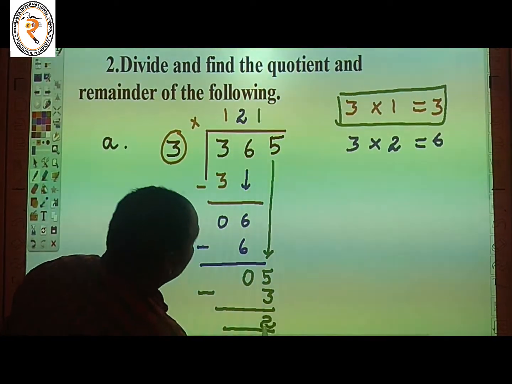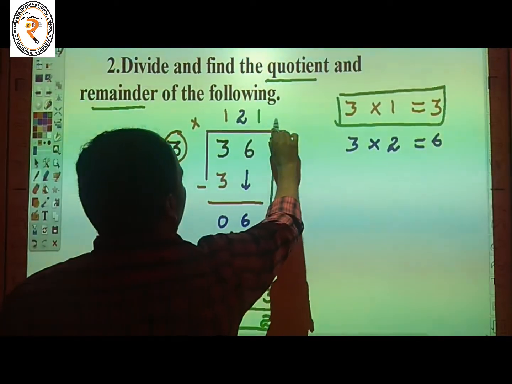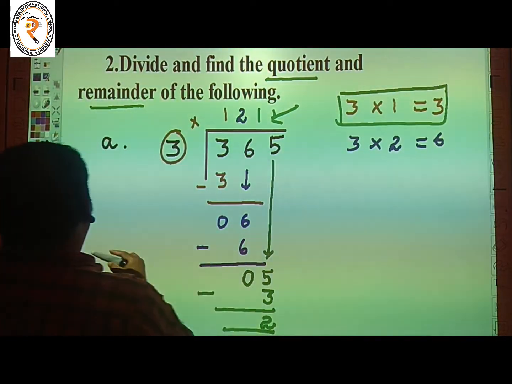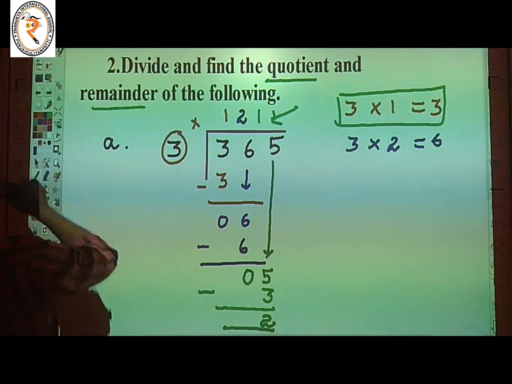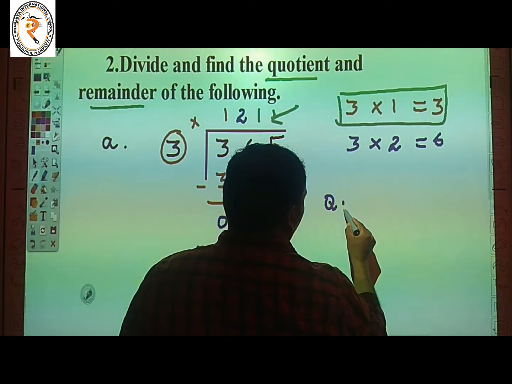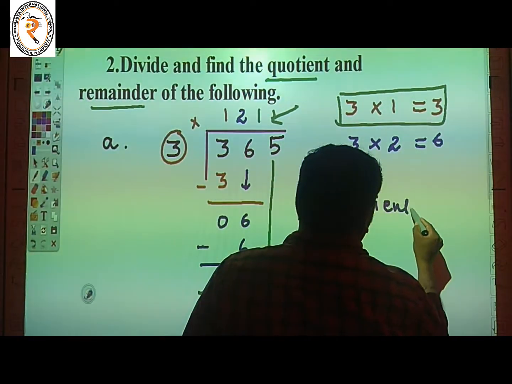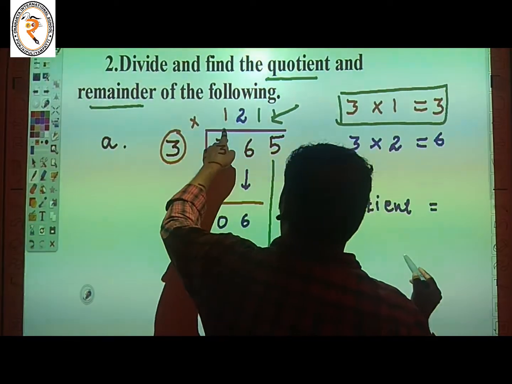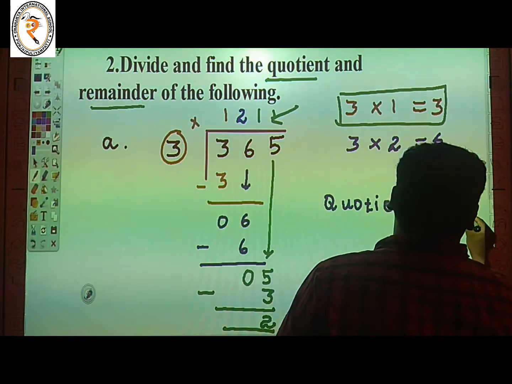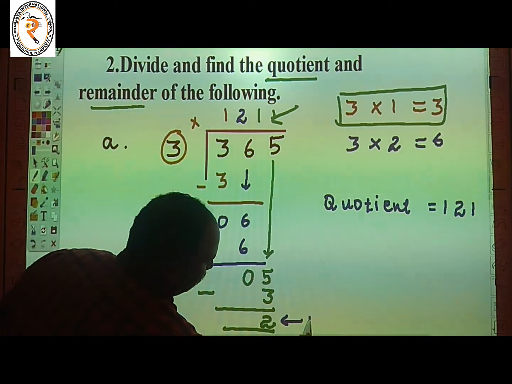So you want the quotient and remainder. The quotient is equal to 121, and then 2 is the remainder part.